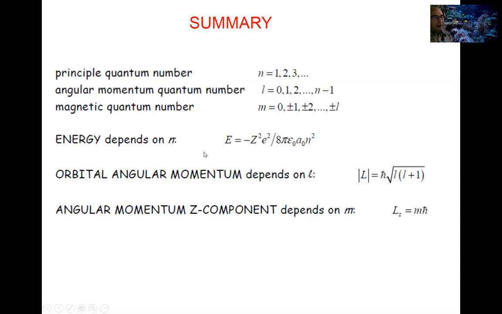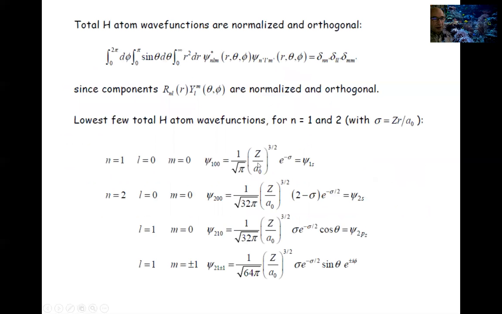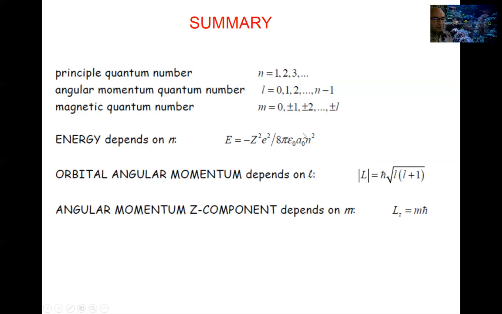We found eigenfunctions for radial and angular components of the wave function and found these energies, which depend on the principal quantum number, as well as wave functions that depend on the orbital quantum momentum, which also has these eigenvalues, as well as the magnetic quantum number m.